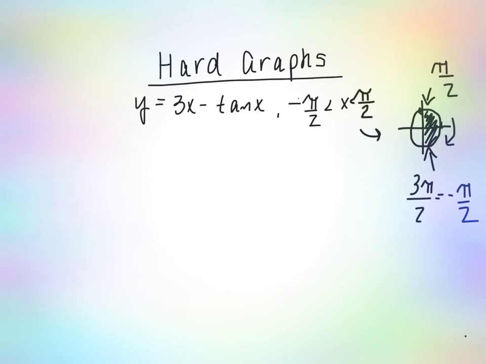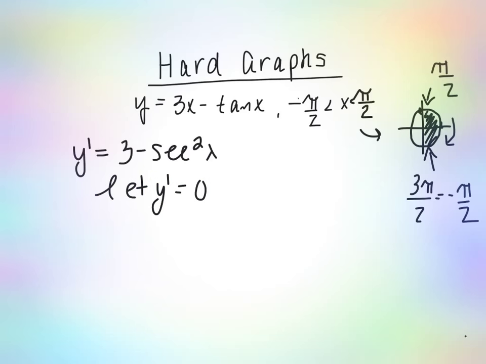And so your first step is going to take the derivative. So y prime equals 3 minus the secant squared of x. And when you let y prime equal 0, so that's 3 minus the secant squared of x equals 0, now make that the cosine so you can solve it easier.